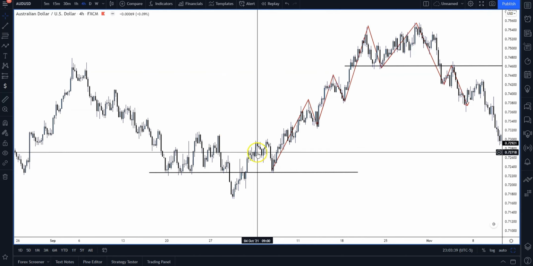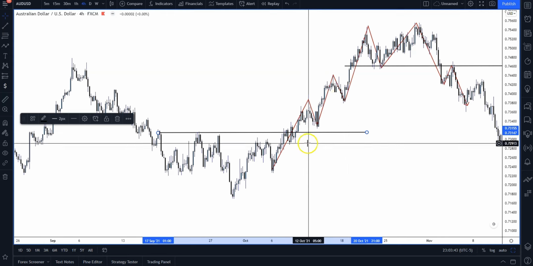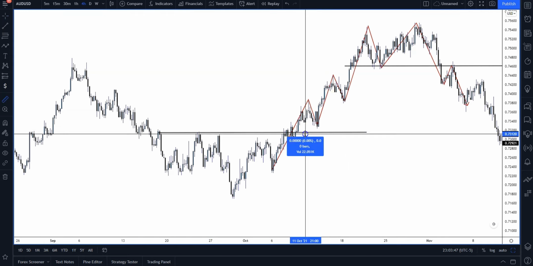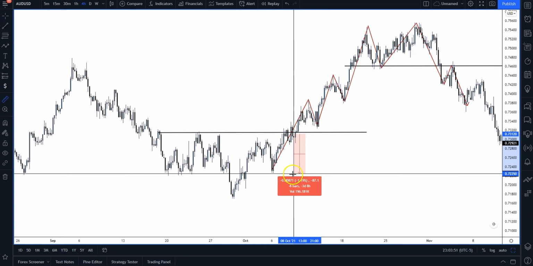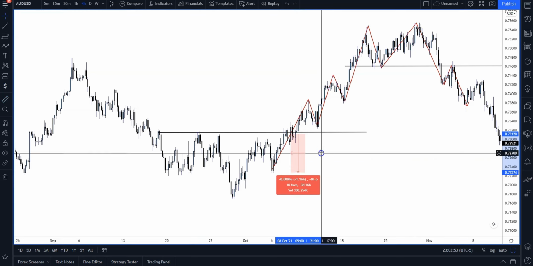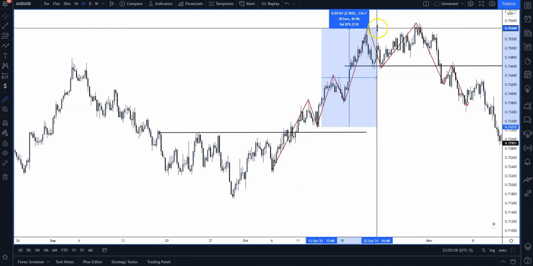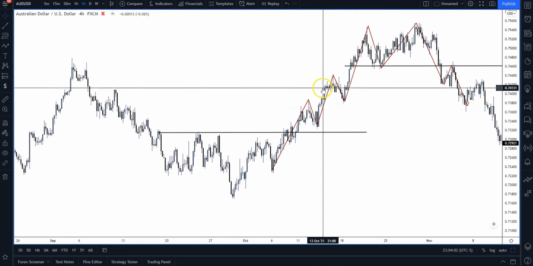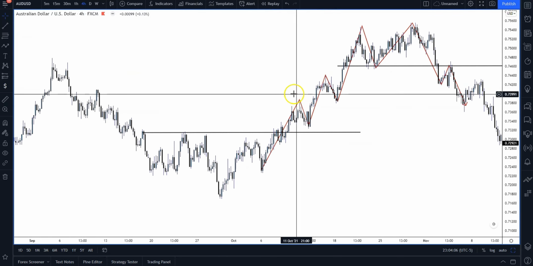All this has been missed, and you're getting in here. There's no problem with that. It's a more conservative, safer way of trading. You just missed like 80 or 90 pips, but you're still bagging a good 260 pips. You could have bagged 300, but you still got the pips.